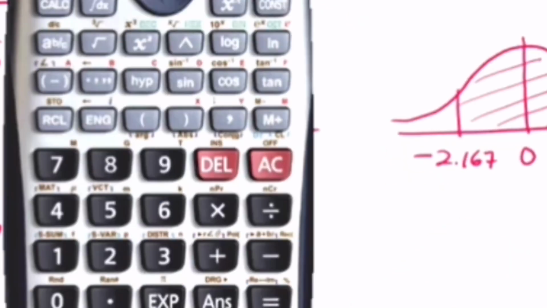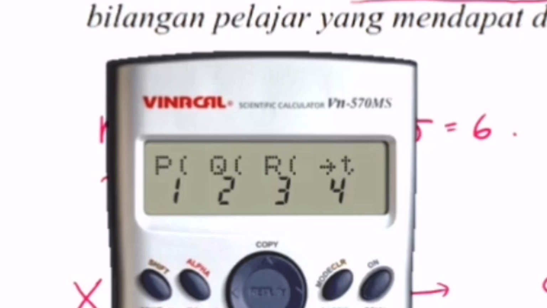Now you go to this one, Shift 1 and 3. After you press 1 and 3, you will see the screen show you something with P, Q, R, T.